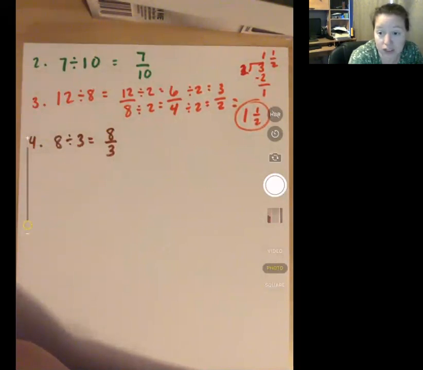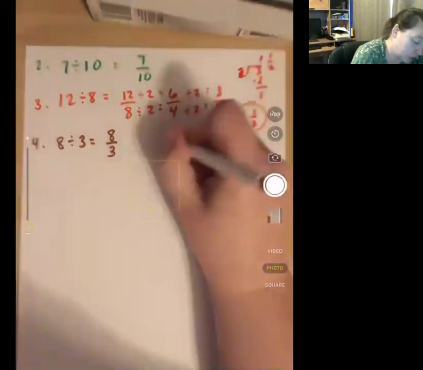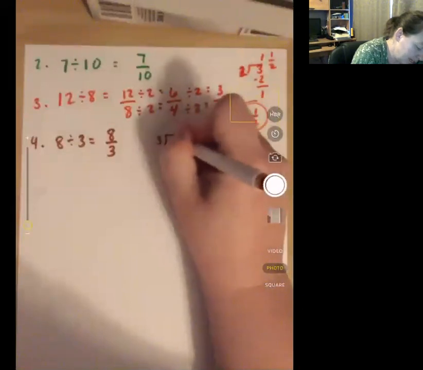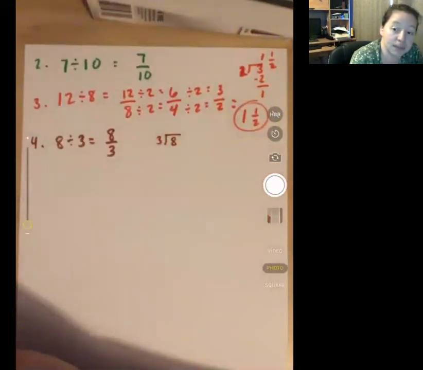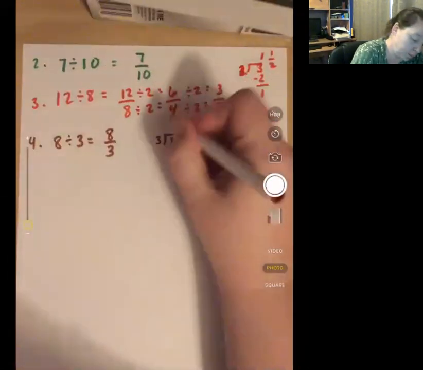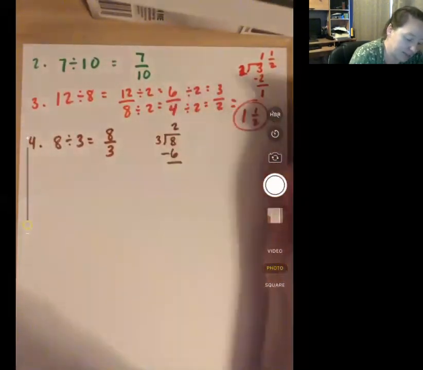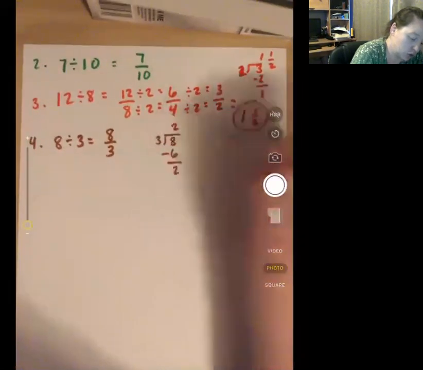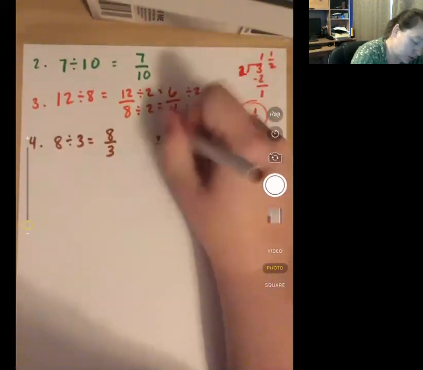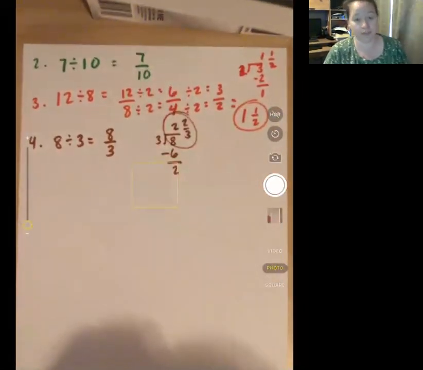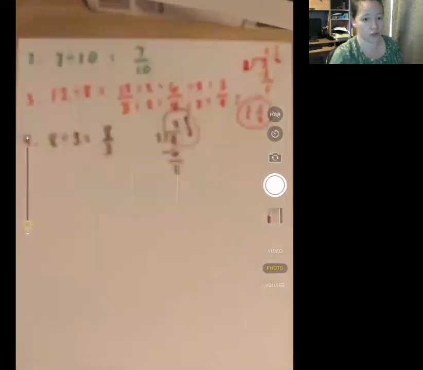It's not a 5 or a 0 in the ones place, so I can't take out a 5. 8 is not divisible by 3, so I'm just going to divide straight up. 3 into 8 goes how many times? 2, because 3 times 2 is 6. 8 minus 6 is 2. 2/3. So 2 2/3 is our answer for number 4.